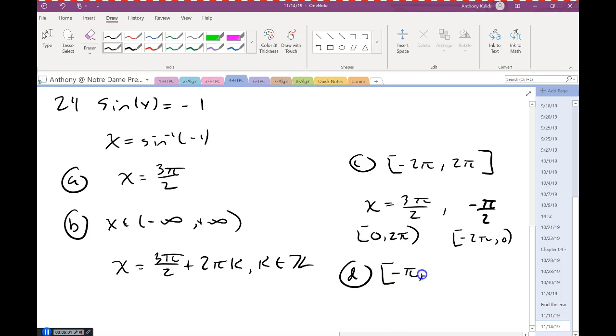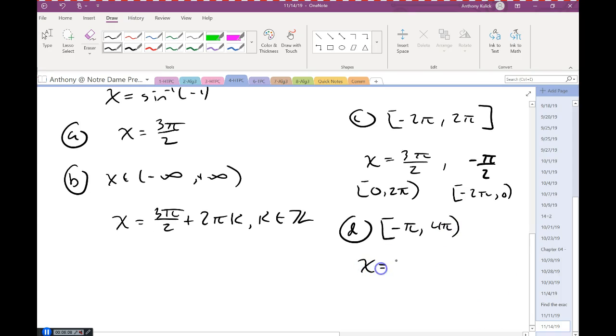And then D is negative pi to 4 pi. Well, I know that my answer for part A is one of my answers because 0 to 2 pi is certainly inside of negative pi to 4 pi. And my other answer for part C is here because that answer is from negative pi to 0.